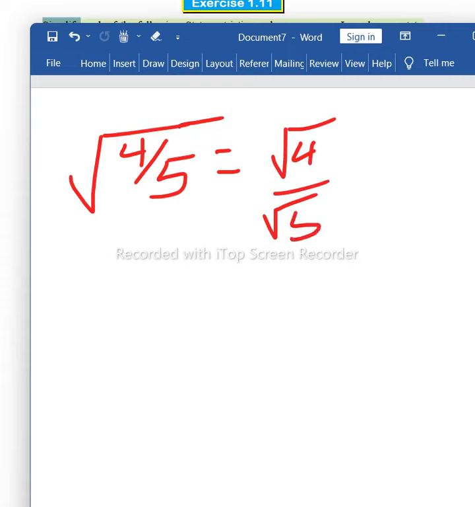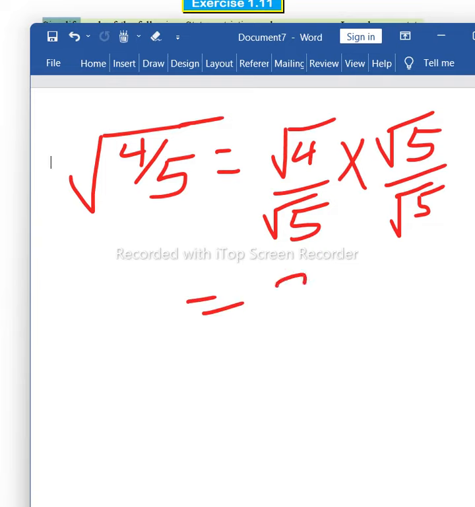To rationalize this, we have to multiply by square root of 5 over square root of 5. Square root of 4 is 2, so the numerator is 2 square root of 5.